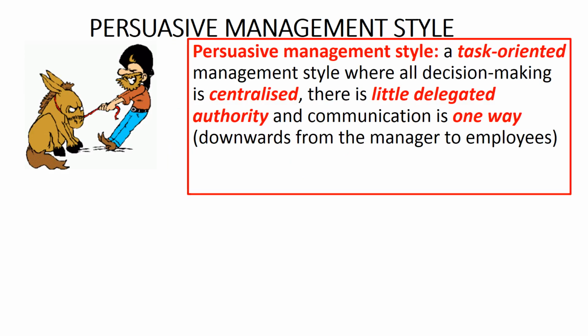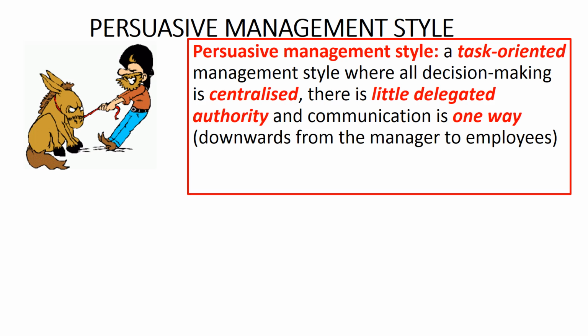On this slide, I've set out the definition of the persuasive management style. The persuasive management style is a task-oriented management style where all decision-making is centralised, there is little delegated authority, and communication is one way, that is downwards from the manager to employees.